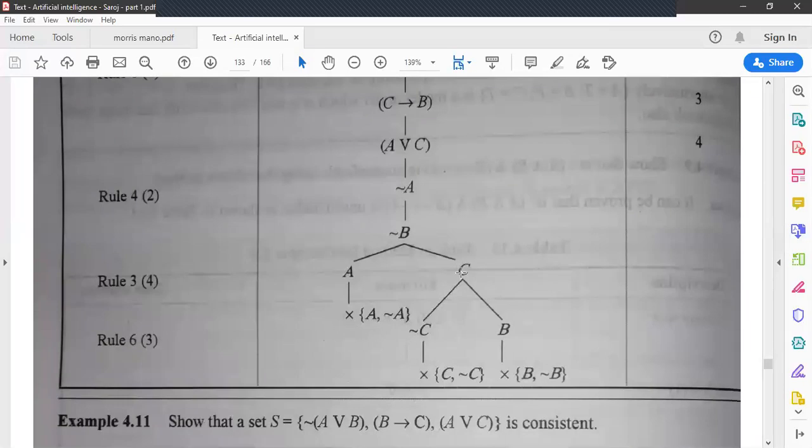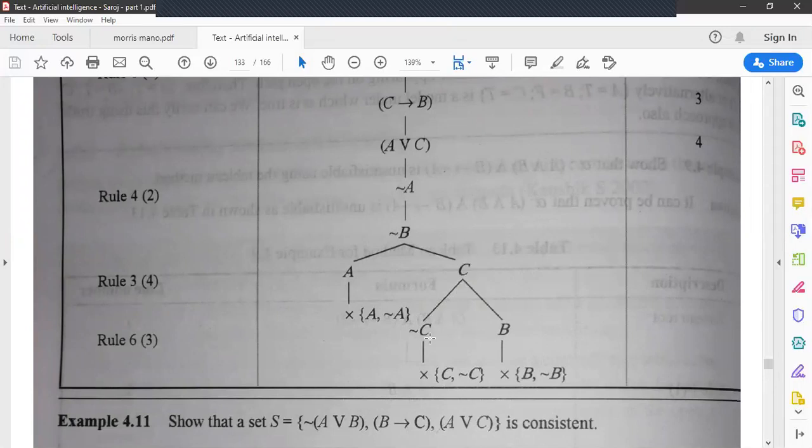Whereas in this path, you are applying rule 6 on line number 3. Line number 3 is C implies B. C implies B can be written as not C as left child and B as the right child. So when you write like this, you get again complementary symbols.